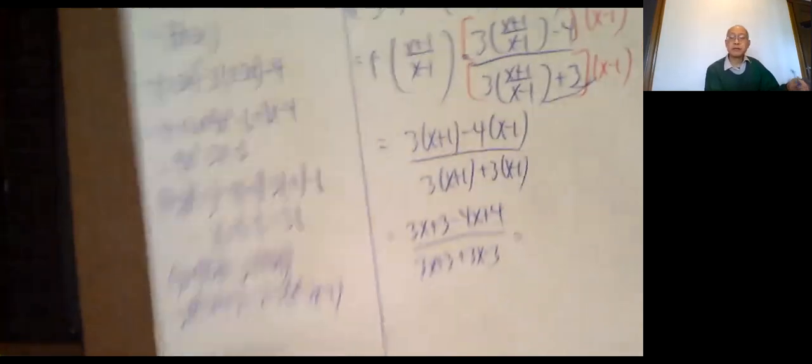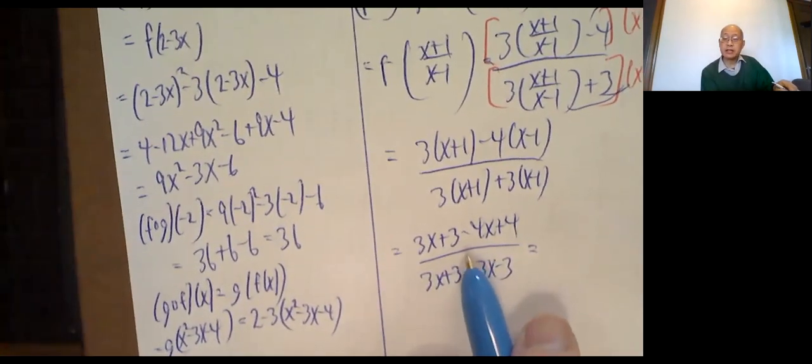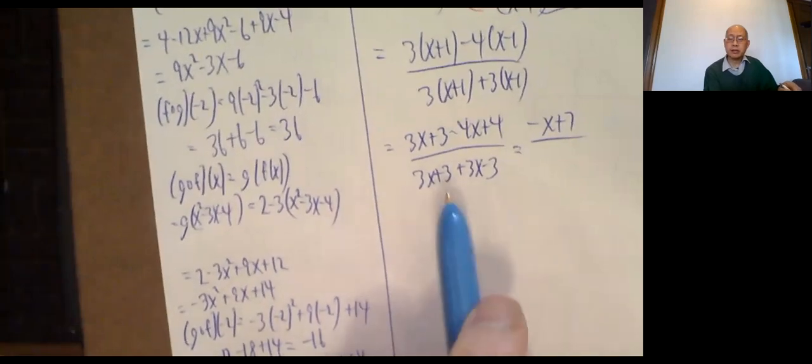Okay, clean it up. So on top, what do I have? Negative x plus 7, I believe. The bottom, 3 minus 3 cancels out, so I just have 6x.